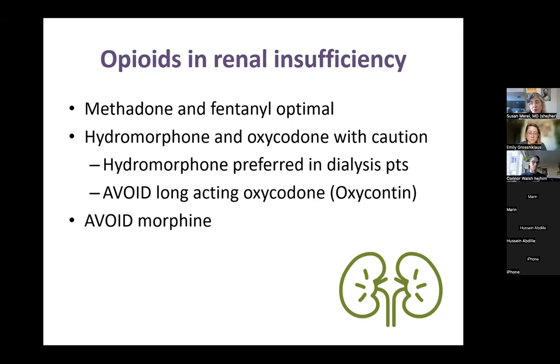Hydromorphone is preferred in dialysis patients. If you use oxycodone in a dialysis patient on a regular basis, it'll build up and then it'll be all cleared out of their system with dialysis. I do not use long-acting oxycodone in patients with significant renal insufficiency, and I don't use morphine in patients with significant renal insufficiency.